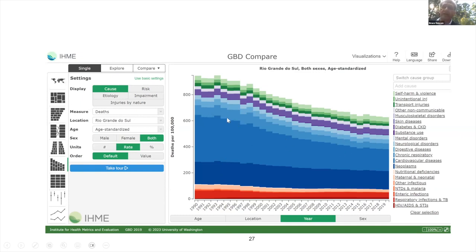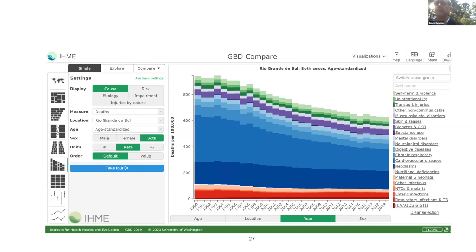For example, cardiovascular disease, this has gone down considerably. Cancer, not so much. And the group of maternal and child health, infectious diseases, nutritional deficiencies has also gone down considerably over this period. So accessing GBD Compare is very good for doing this.